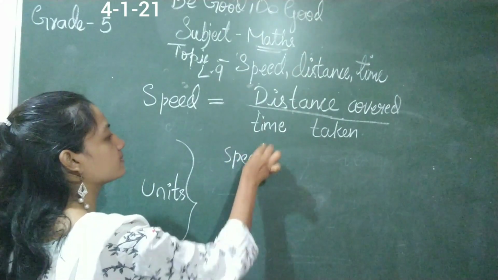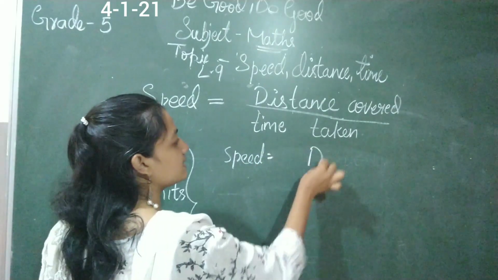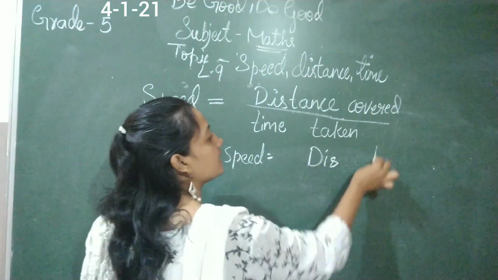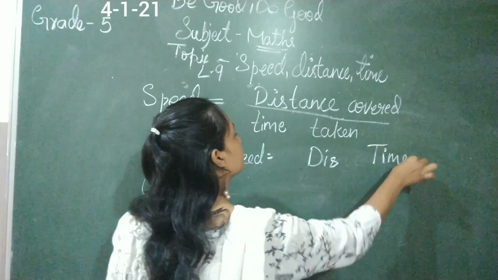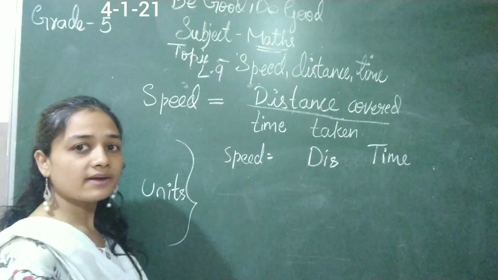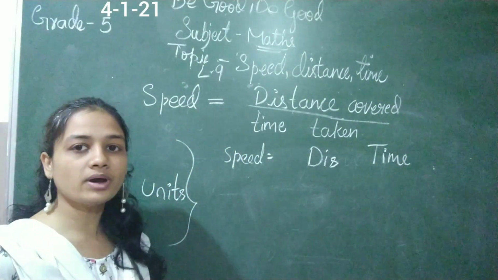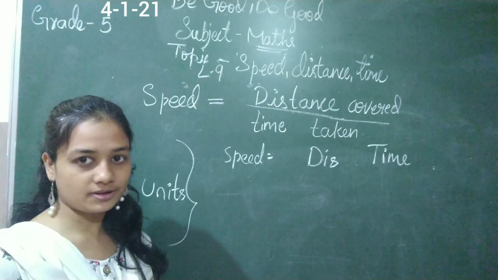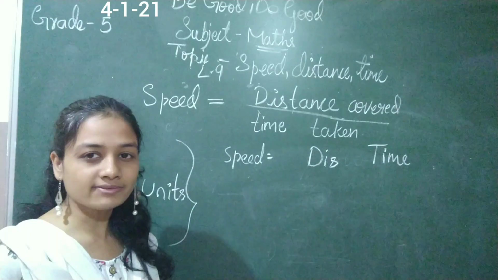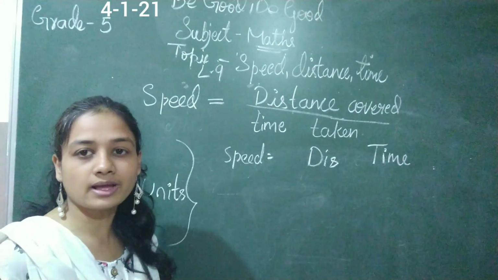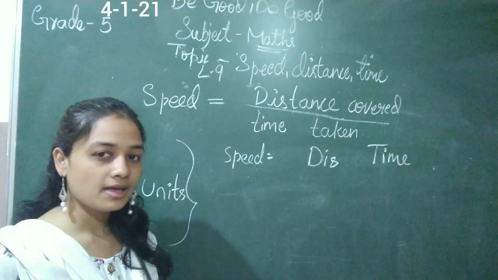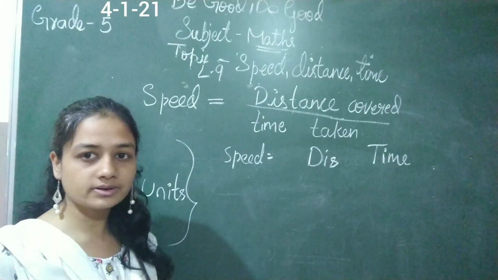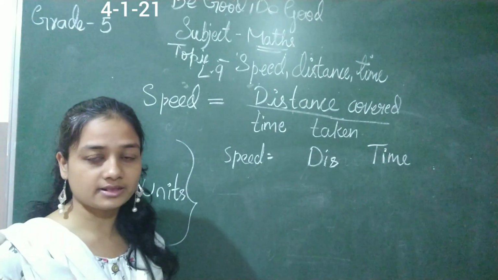Speed, distance, I write the short form, and time. Speed also has different units, just how you have for length kilometer, meter, centimeter, and for weight kgs, grams, and milligrams, and for time hours, minutes, and seconds.